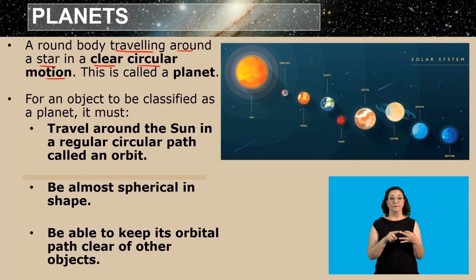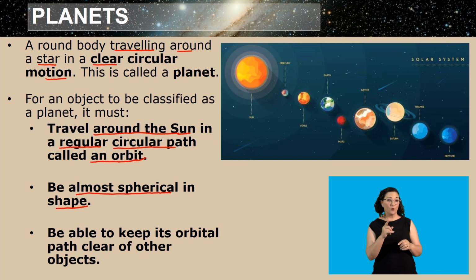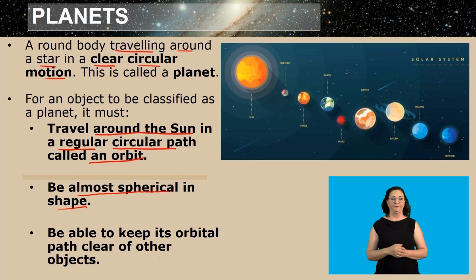Number one, in order for an object to be referred to as a planet, it must be able to travel around the sun in a regular circular path called an orbit. And it must have a spherical shape. It should be able to keep its orbital path clear of other objects.